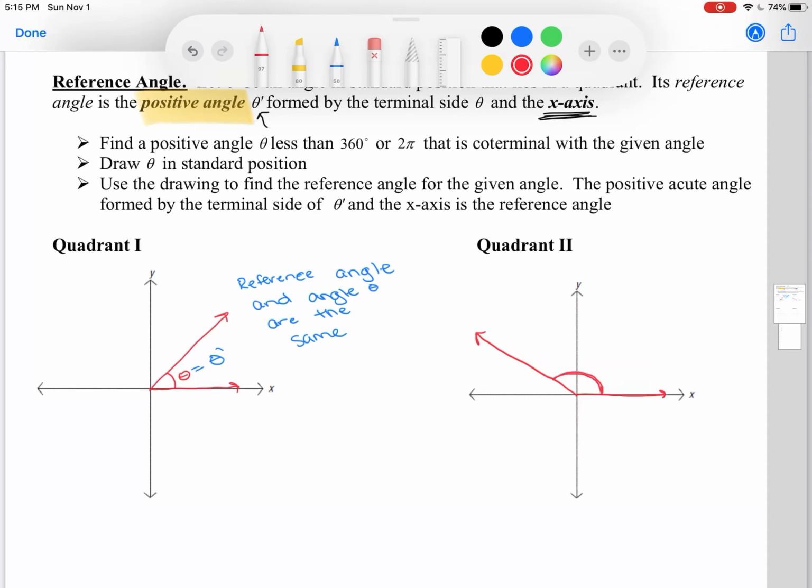All right. In quadrant 2, however, let's draw an angle that opens up into quadrant 2. So I have my initial side followed by my terminal side. And this entire angle that opens up from the initial side is going to be my theta. Now the reference angle, however, is going to be from the x-axis.